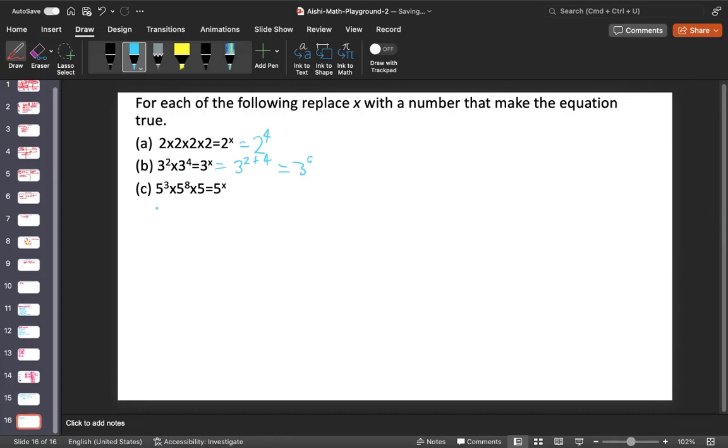Now for C, we have 5 to the power 3 times 5 to the power 8 times 5 is equal to 5 to the power x. So we're going to use the law again. We would have 5 to the power 3 plus 8 plus 1, since we could also write this as 5 to the power 1. So we have 5 to the power 12.